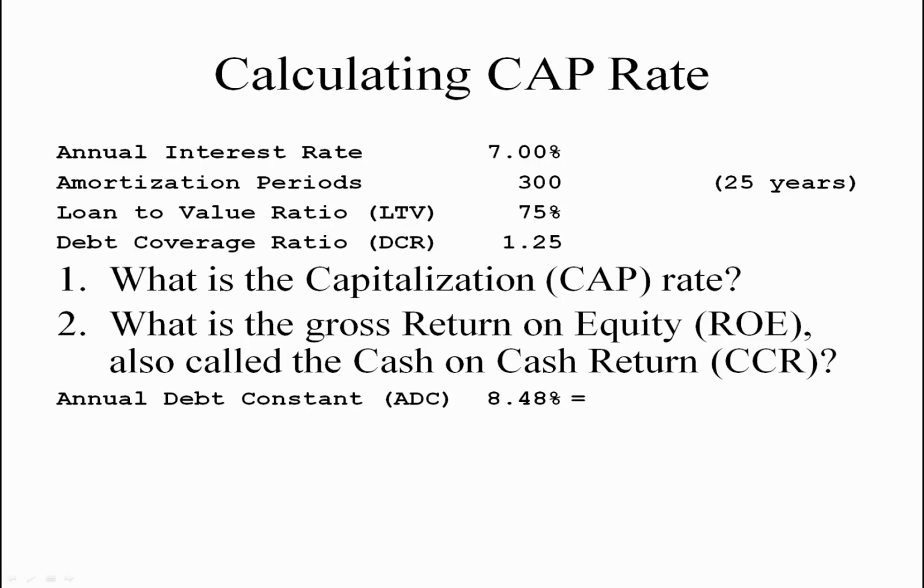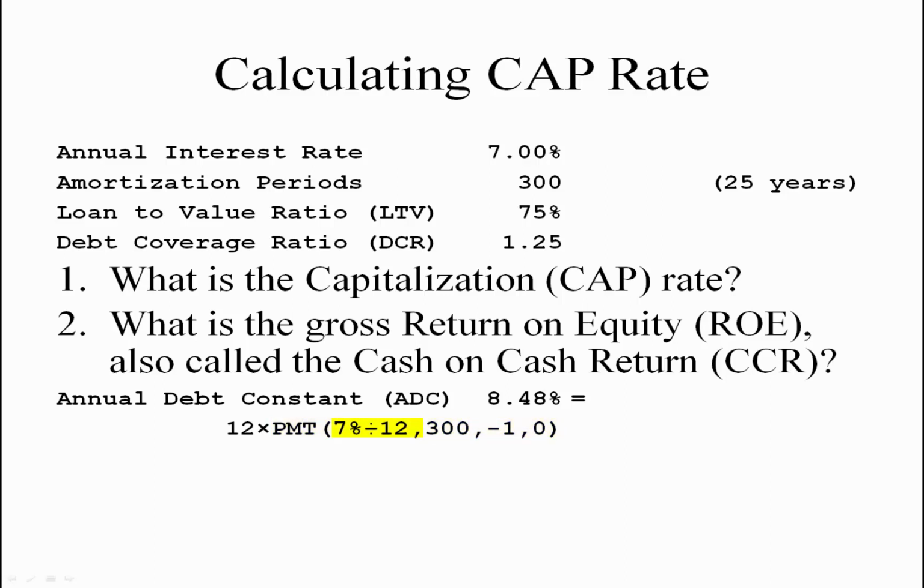First, we calculate the annual debt constant, 8.48%. That is equal to this equation. It is the number of periodic payments per year, which is 12 in this case, times the periodic payment. The periodic payment is calculated by this function in your financial calculator or your spreadsheet.